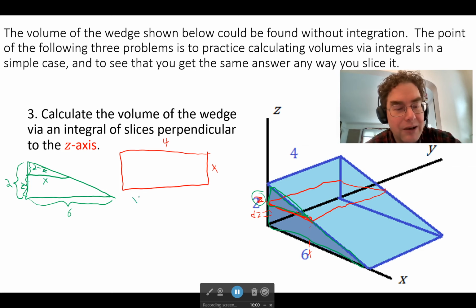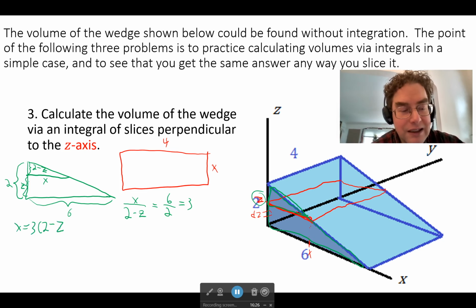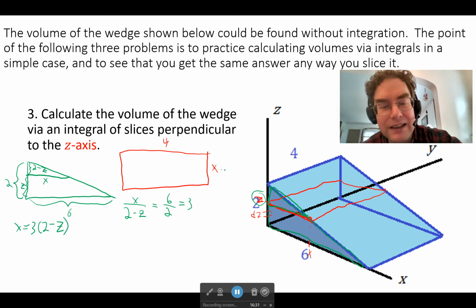Looking at the smaller triangle, we've got x over 2 minus z equal to, for corresponding sides of the larger triangle, 6 over 2. Now, of course, 6 over 2 is just 3. And then multiplying the denominator over, we get that x equals 3 times (2 minus z). You could distribute that, but I don't really see a need to. And so that is our height here, or our length of the rectangle: 3 times (2 minus z).